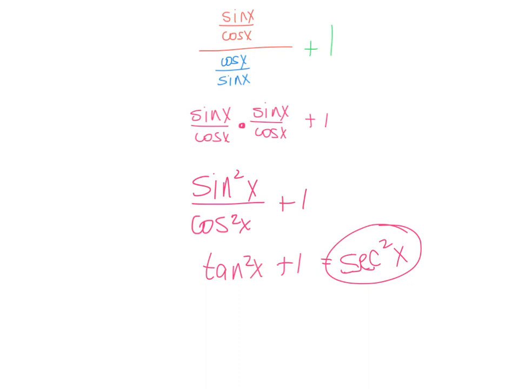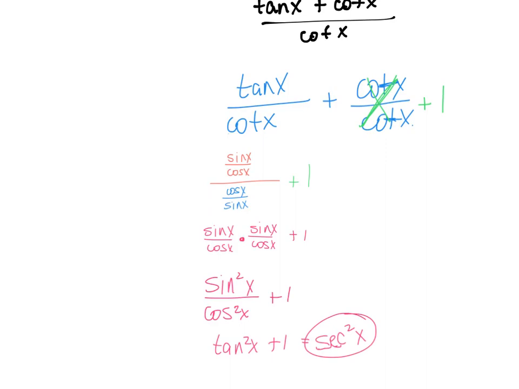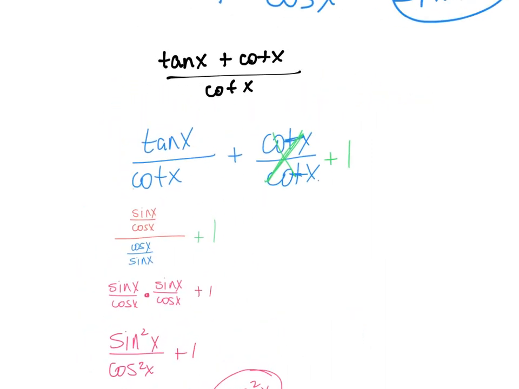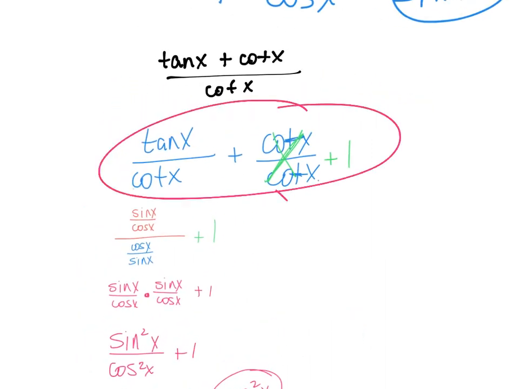Yes, sir. When you had the tangent x over cotangent x, couldn't you just turn the cotangent into 1 over tangent? That's what I was about to do. I'm a creature of habit. So as soon as I see tangent and cotangent, I'm like, oh, sine and cosine. Could we have changed this into something else? Yes, correct.